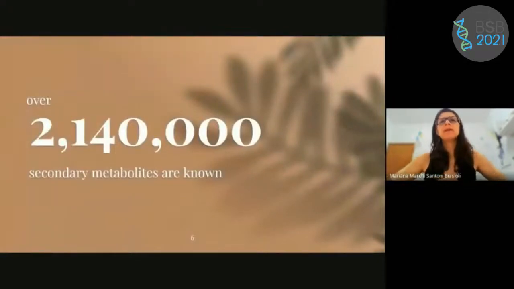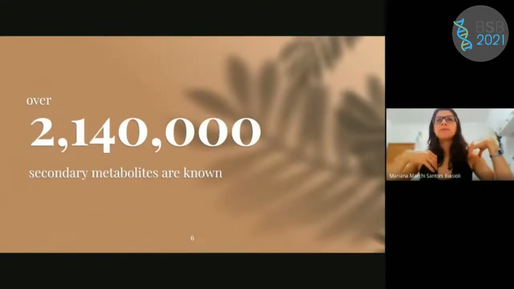Secondary metabolites present diverse chemical structures. Over 2 million secondary metabolites are known, but despite the high diversity, they originate from a restricted number of metabolic pathways.